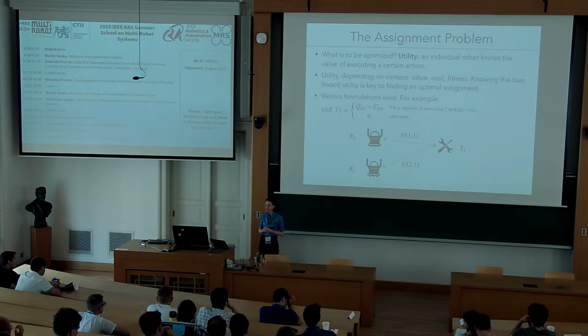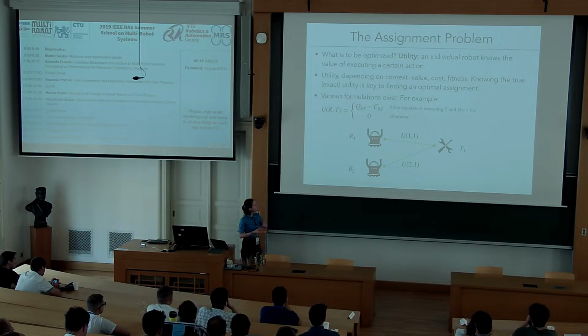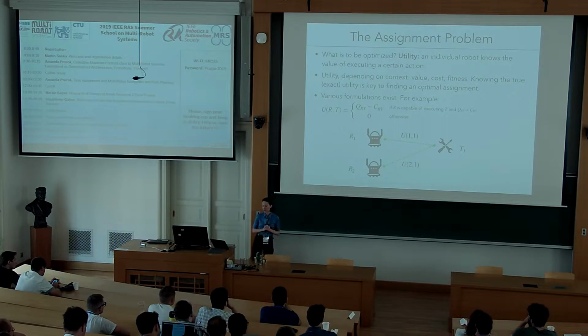This would be a very simple way of quantifying what utility means to us in a task assignment problem. In this little drawing, this is just the graph notation. U11 would be quantifying robot 1 being assigned to task 1, and U21 would be the utility of assigning robot 2 to task 1.